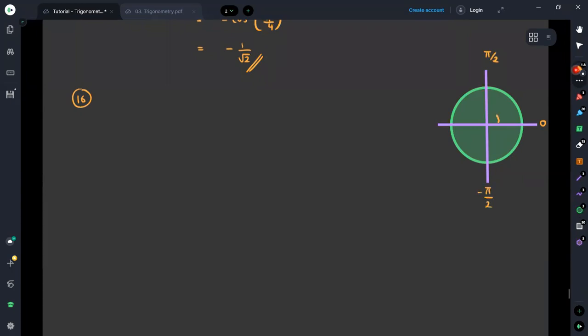Therefore, we can go up in this direction, including this, as well as measure the angle in the clockwise direction, but not having the value minus 5π over 2. On the right side of the inequality it is inclusive of 5π over 2, but on the left side it is exclusive of minus 5π over 2.